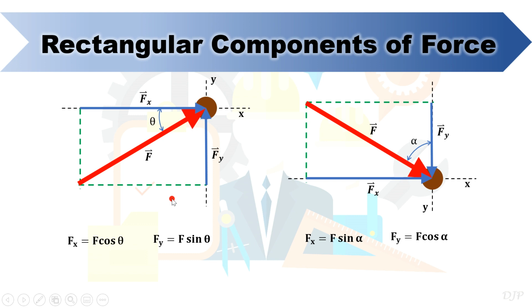If angle theta is unknown, then you can get it by this formula. In contrast, if angle alpha is unknown, you can get it by solving the arctangent of F sub x over F sub y. Again, notice the difference between these two formulas.